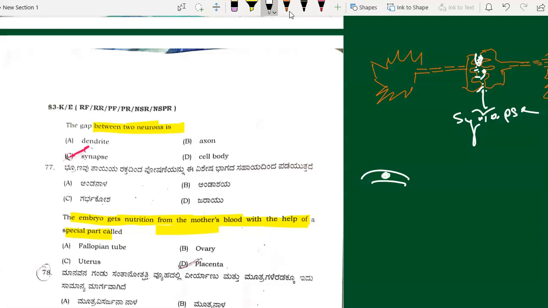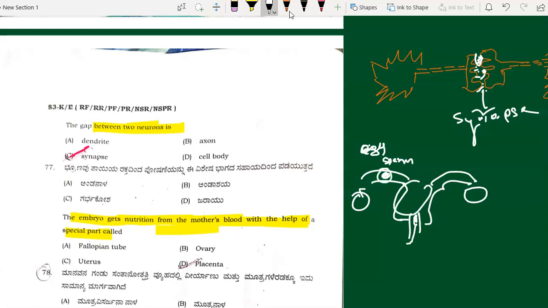Here the sperm will encounter the ova, the egg gamete produced by the female, called the ovary. Here two ovaries will be present, and this is our fallopian tube. Here is how it looks. So this is our embryo. Once fertilization is completed, it will be shifted to this.